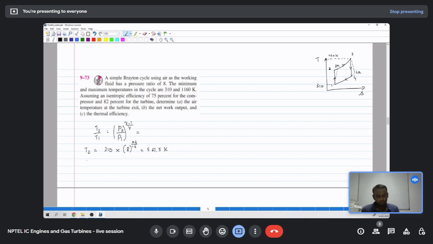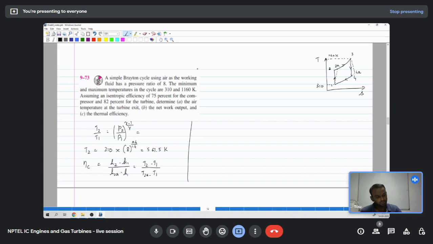Now using the expression for efficiency, we can calculate the actual temperature at the outlet. Compressor efficiency is given as ideal work input, that is H2 minus H1, divided by actual work input, which is H2A minus H1. So this can be written as T2 minus T1 by T2A minus T1.